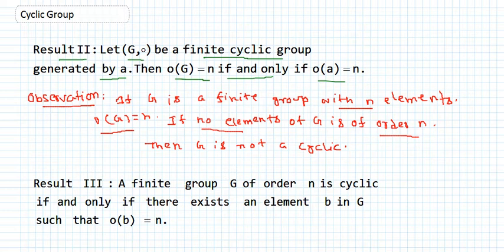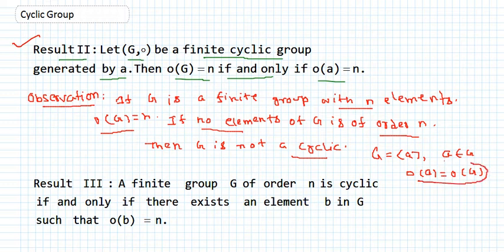So from these results we get this observation: if we do not find an element of G with order the same as the order of the group, then it is not a cyclic group, because if it were cyclic, then the group is generated by an element A from G and the order of A has to be the same as the order of G. If I do not find any such element for which this equality holds, then G is not generated by a single element, so this is not a cyclic group. This is one of the very important observations.